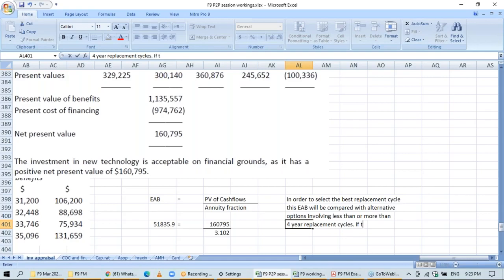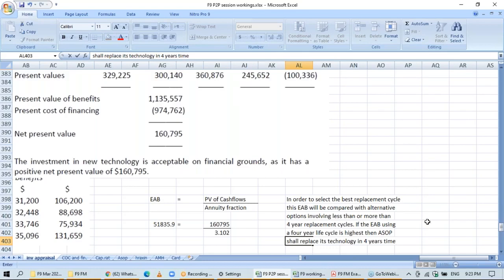If the EAB using a 4-year life cycle is highest, then ASOP shall replace its technology in 4 years time.